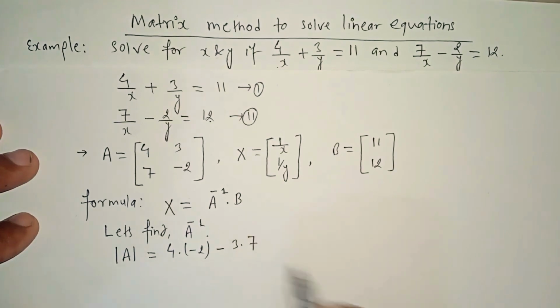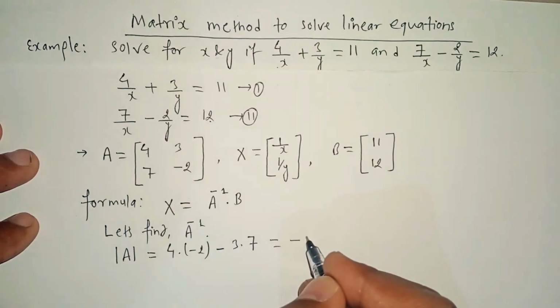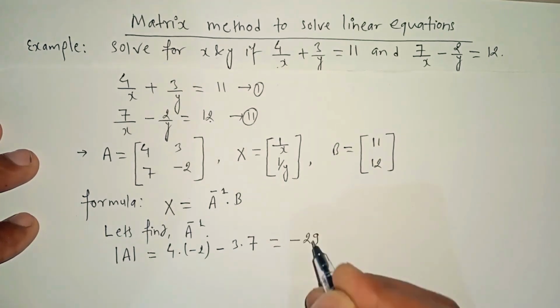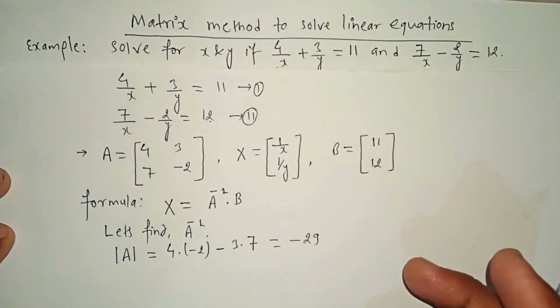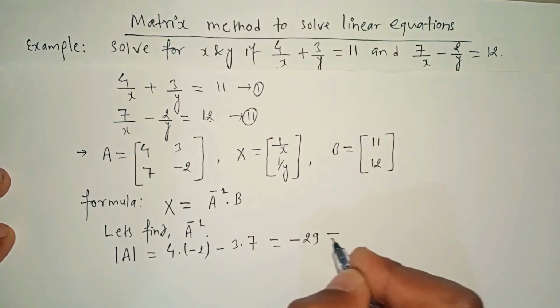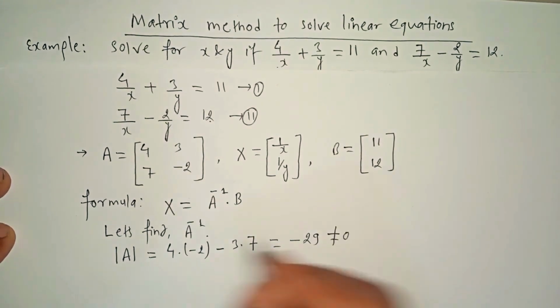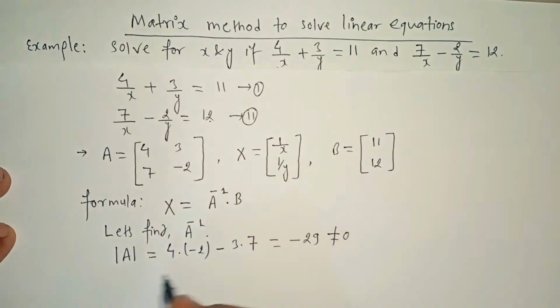This equals negative 8 minus 21, which is negative 29. This is non-zero, so we can easily find A inverse.